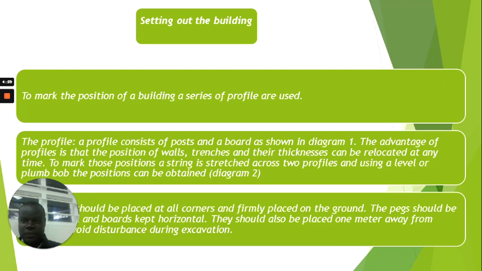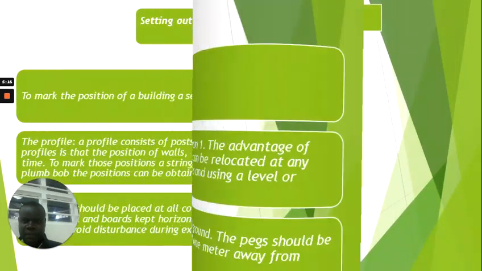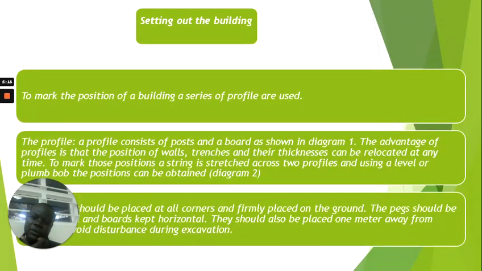Now we can also move on and look at this setting out the building. To mark the position of the building, a series of profiles are used. Are we also seeing the same page? Anderson, are we on the same page? A profile consists of posts and a board as shown in the diagram.